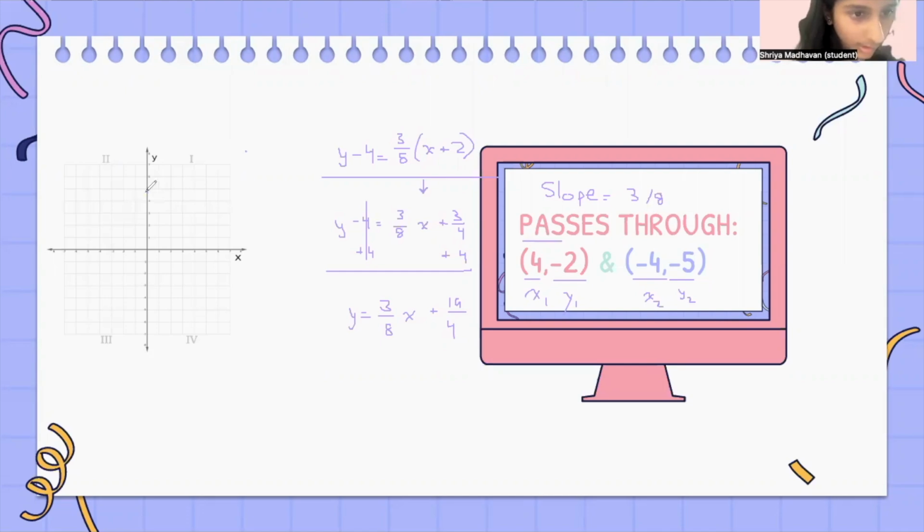And similarly, we're going to do the same thing for the other side. So we're going to move down by 3. So 1, 2, 3. And we're going to move to the left by 8. There we go. And now let's just draw that line.